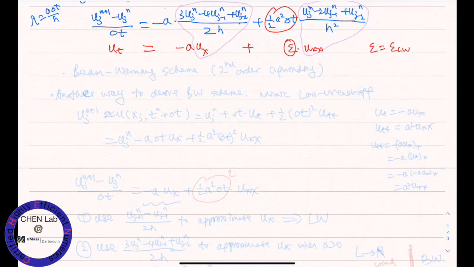So this is, there's an actual name for this. This is the so-called Beam-Warming scheme, which is like a second order upwinding. Again, it's upwinding because we're talking about the case when a is larger than 0.